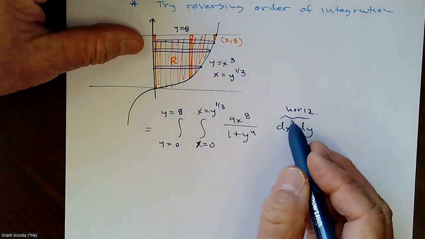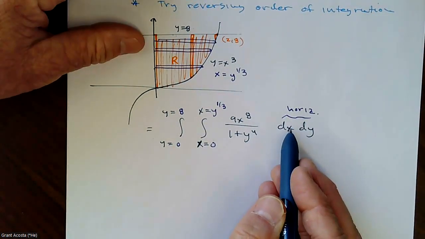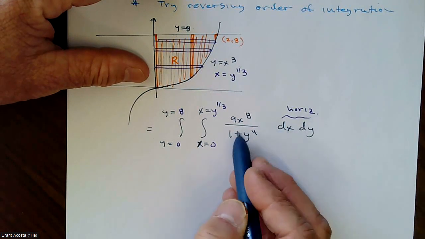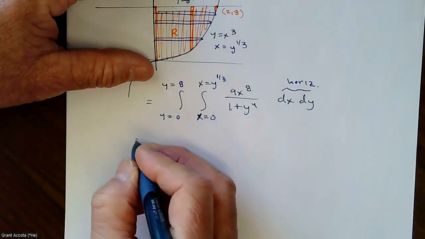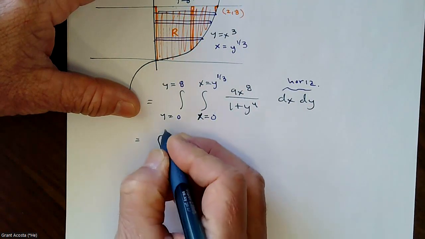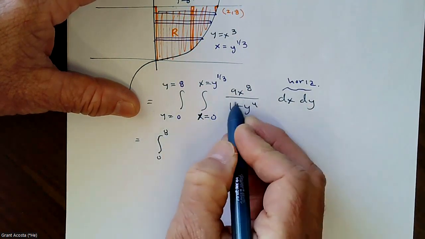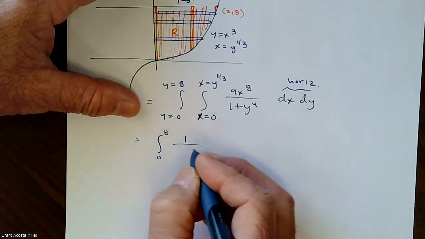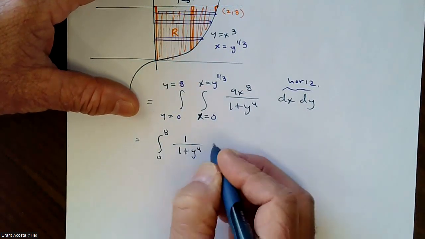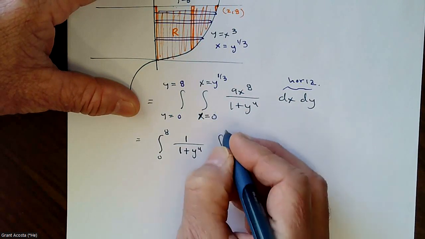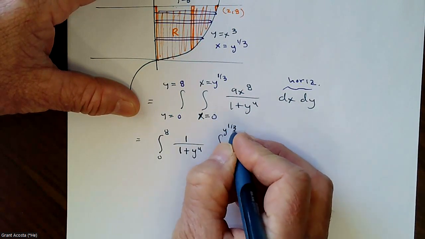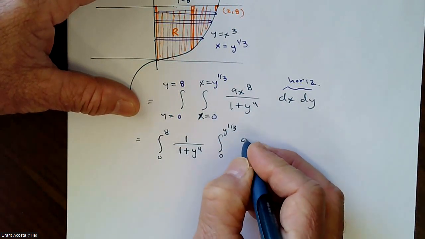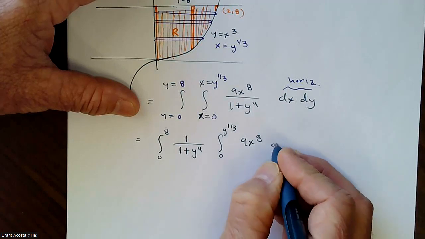All right, so let's finish this off. Hopefully this will work out here. So now I'm integrating with respect to x, which means I'm treating y as a constant. So in fact, if it helps, if I'm treating y as a constant, that means this whole denominator is constant. I can actually factor that out of the integral, at least the first integral, and just worry about integrating 9x to the 8th.